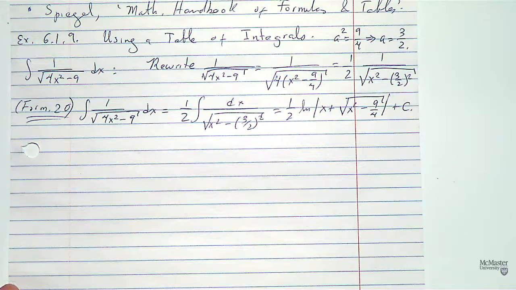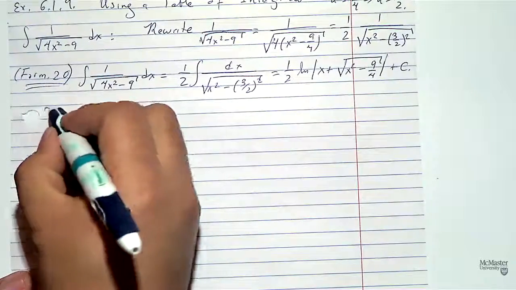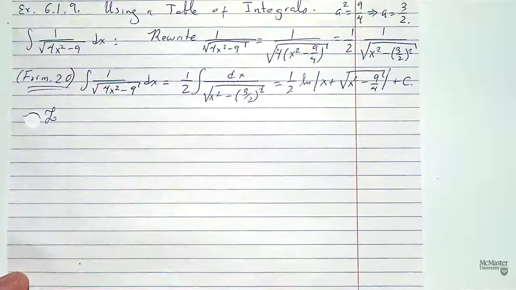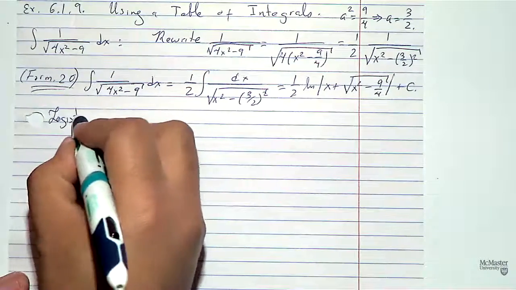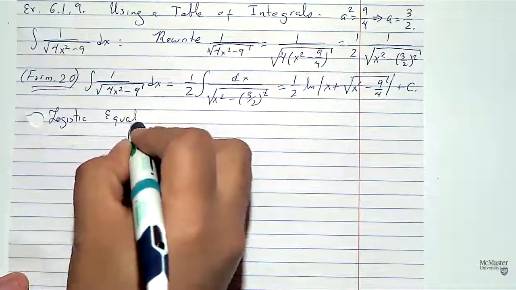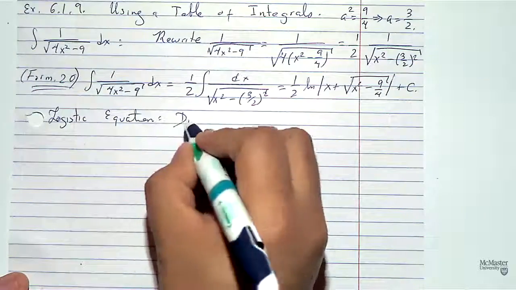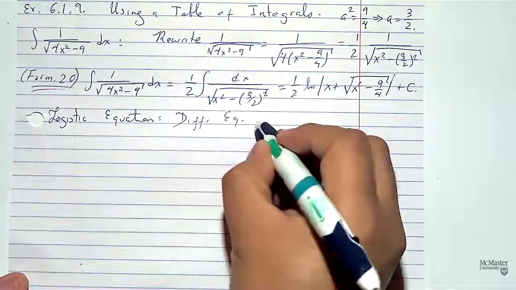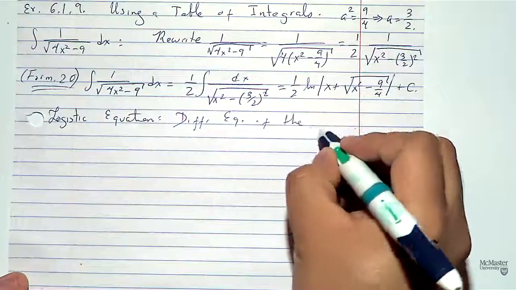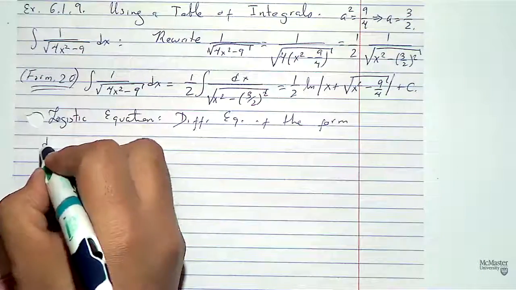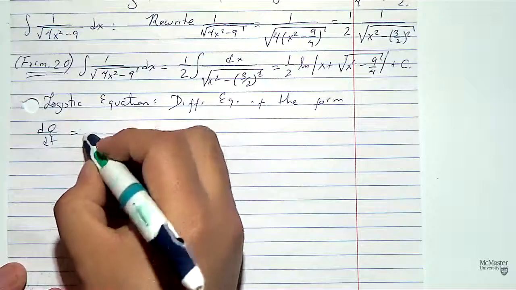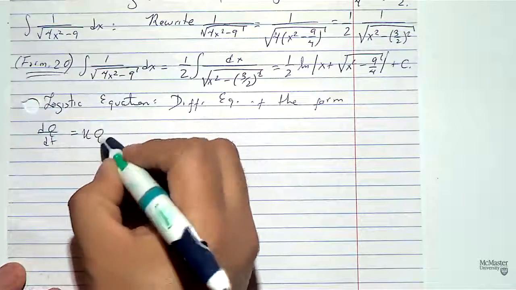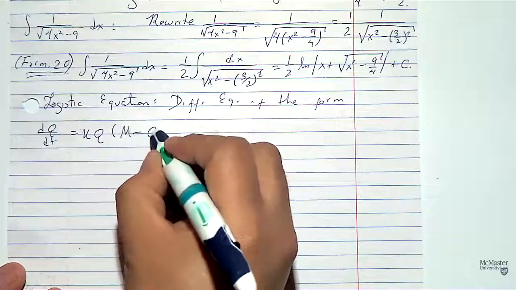There is a last application of this topic, which if you work in population biology, economics, you might find useful. So this is related to the logistic equation, which is a differential equation of the form dq over dt equal to k times q times a factor m minus q.